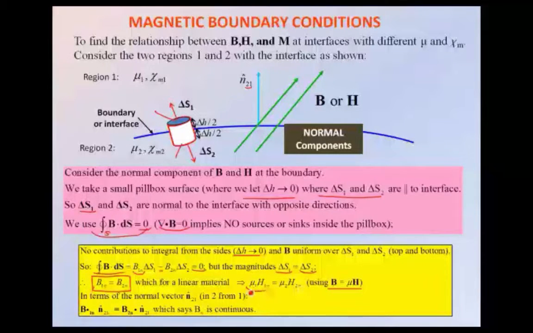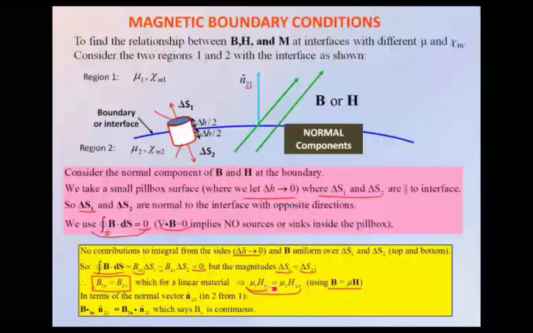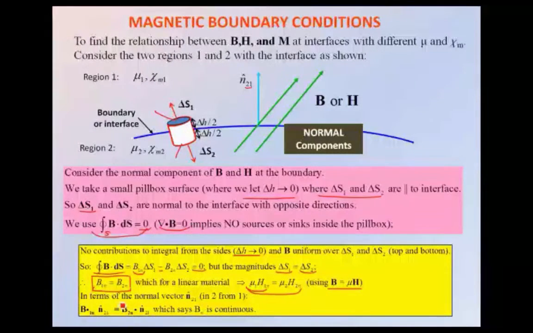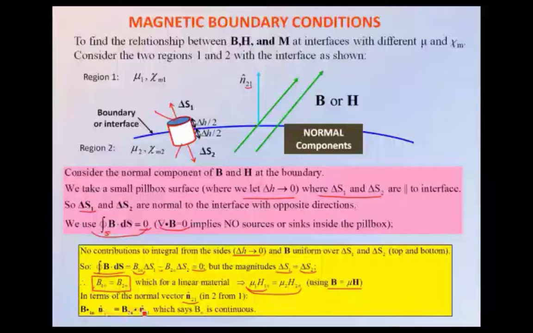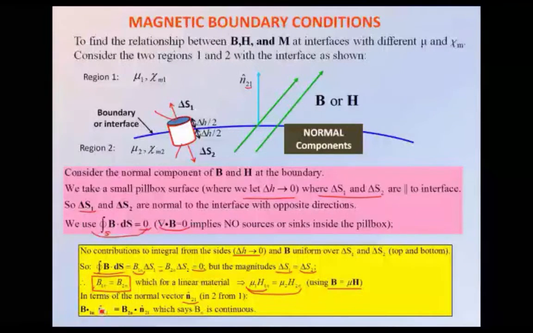So this gives us the boundary condition on the normal component of H. We quite frequently write this in terms of a dot product, and so for B, if you take the normal vector as we talked about here, then what we have is a dot product of B with the unit vector equaling the dot product with the unit vector, where this is in 2 and this is in 1. Together with either in this form or this form, it says that the normal component is continuous across the interface.